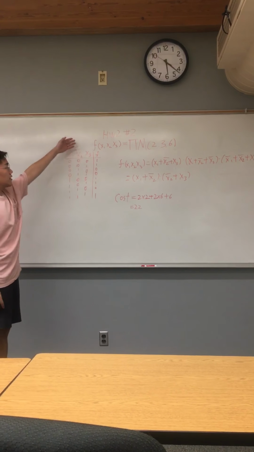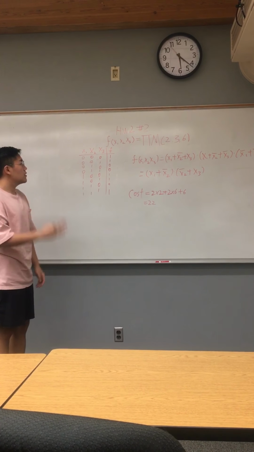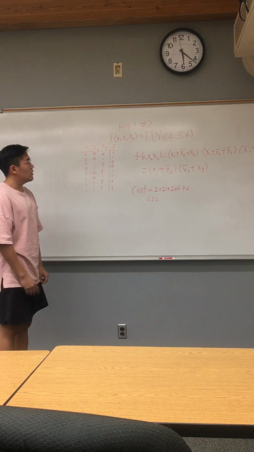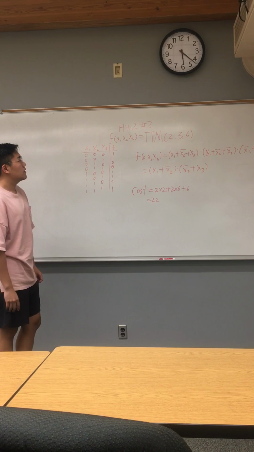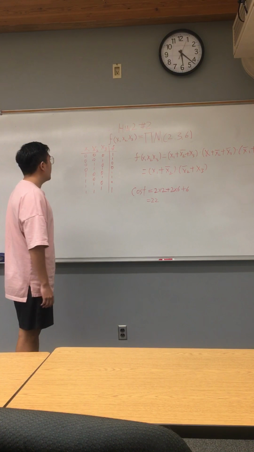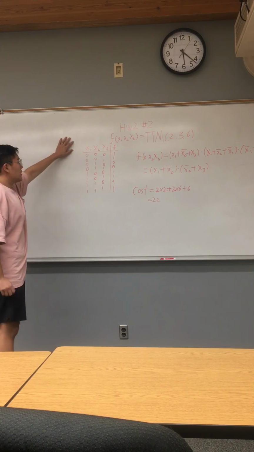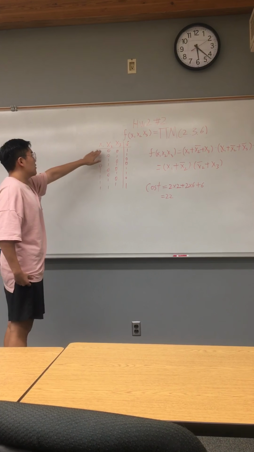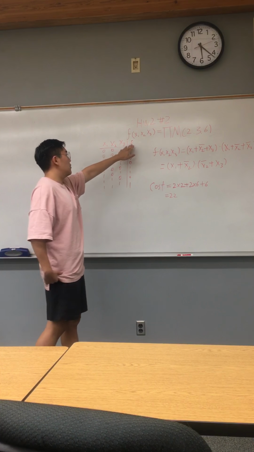For this particular problem, we have three variables, x1, x2, and x3, and it's written in the form of POS, product of the sum. The first step is to write out a truth table, which has all the variables and the function output.